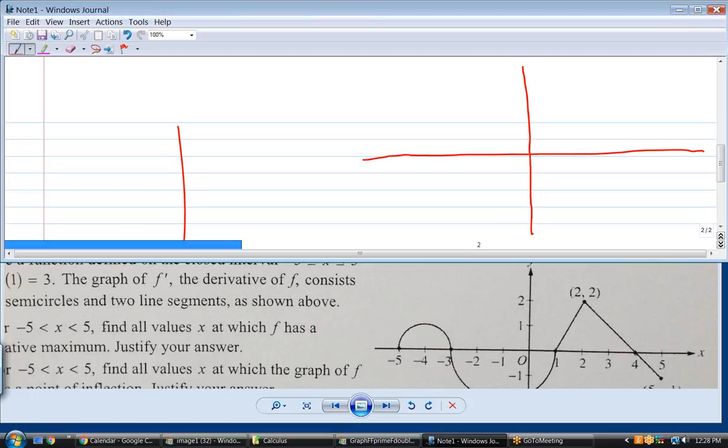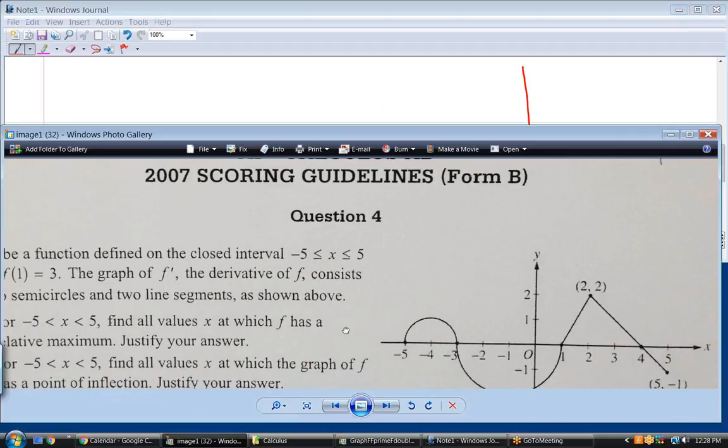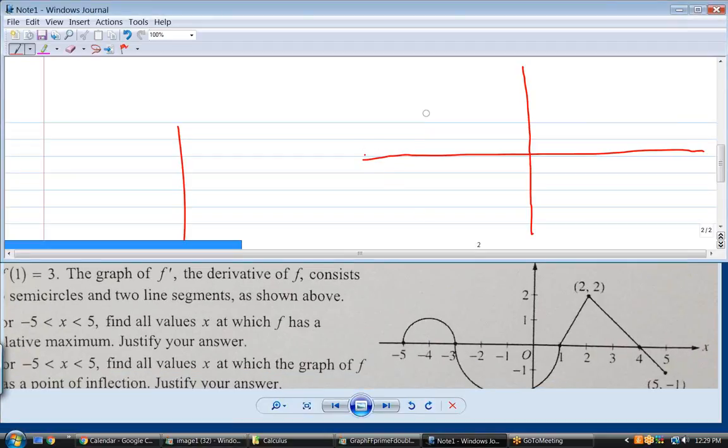We knew it had absolute maximums. We know that it's increasing over that whole interval, that there's an inflection point. So it was concave up from -5 to -4. So let's draw it like that. I'm going to try to stay with the same horizontal axis here.